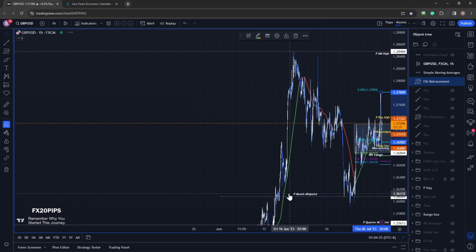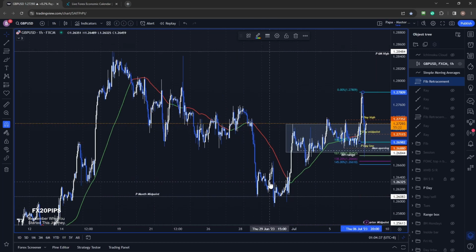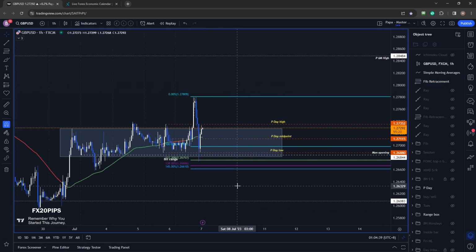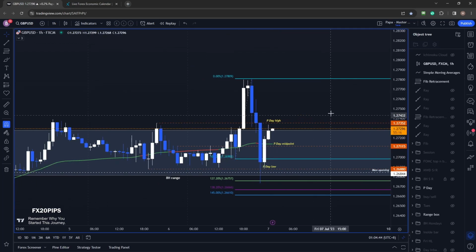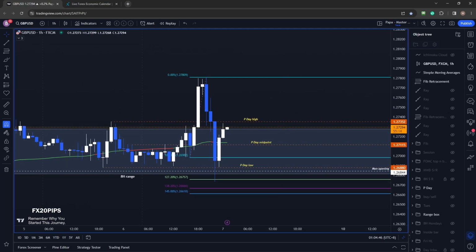Okay, as you can see, that price shot up, news came in, all the way forced it down to what level? Close to the 127.2 level.